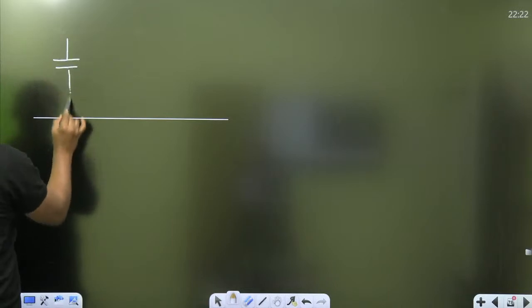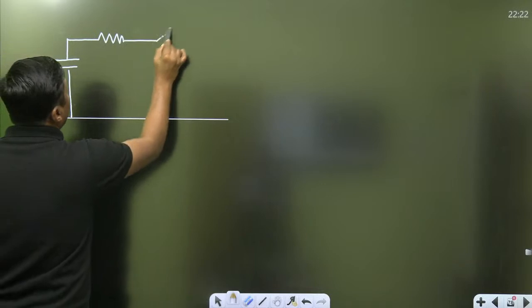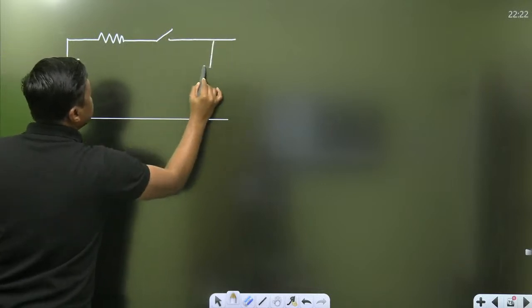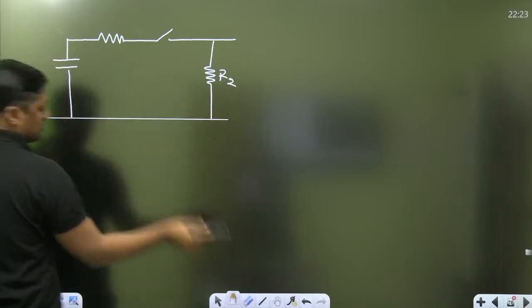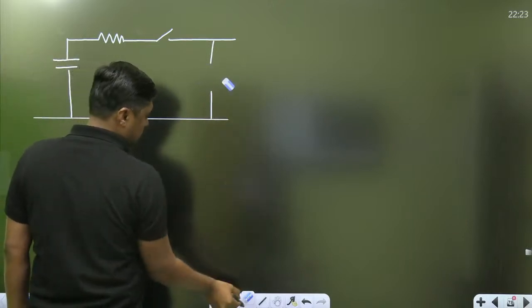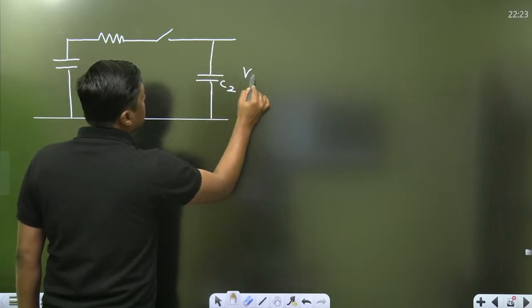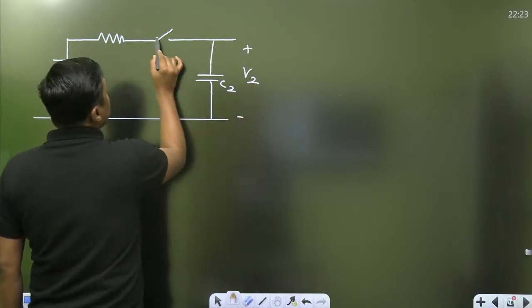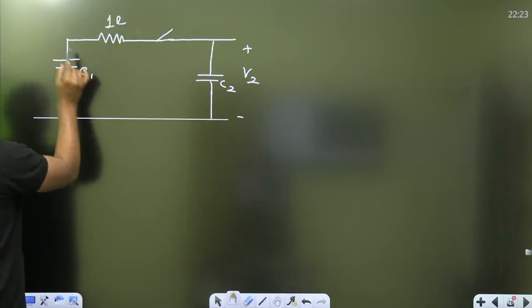That is the capacitor, and here you have an idea about that. What will be the final voltage across the capacitor? This is the V2, the switch is closed, the 1 ohm resistor, and this is the C1.